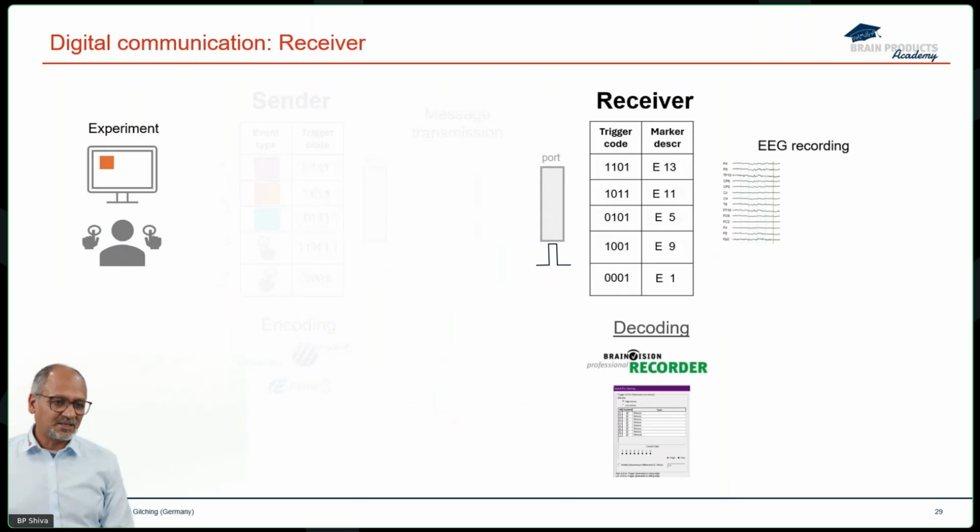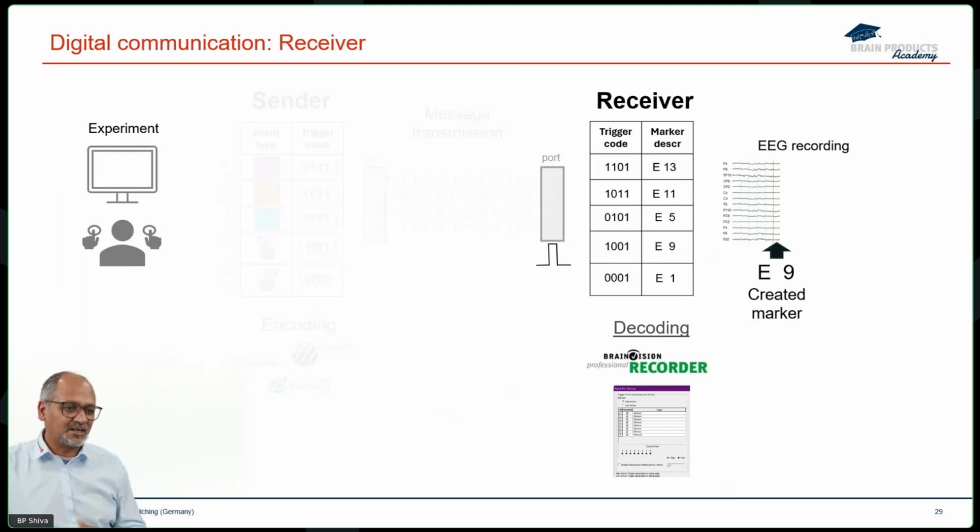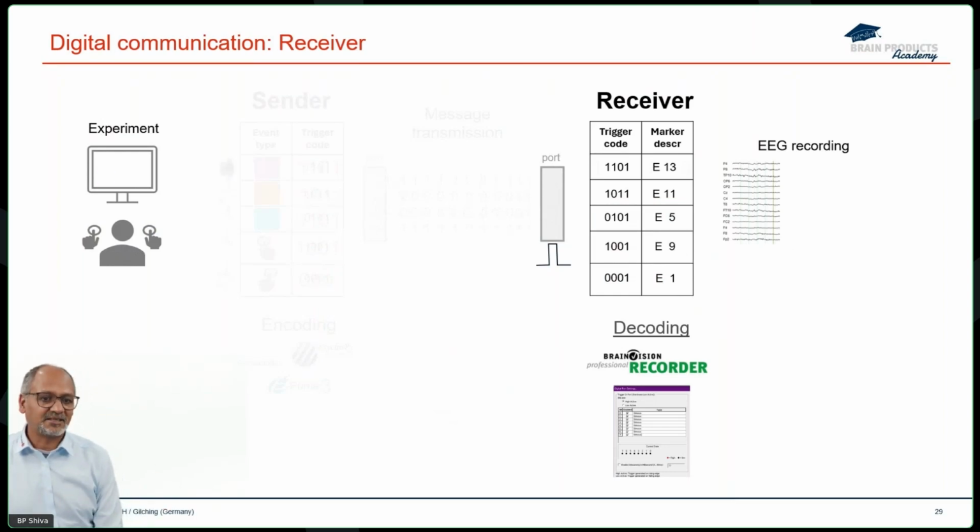Once the voltage pulses reach the receiver, typically the EEG recording system, the binary voltage pulses are converted into markers, and this is done by the EEG recording software. In this case, we will consider BrainVision Recorder, which will perform the conversion from the trigger code to the marker and write it into the EEG data.